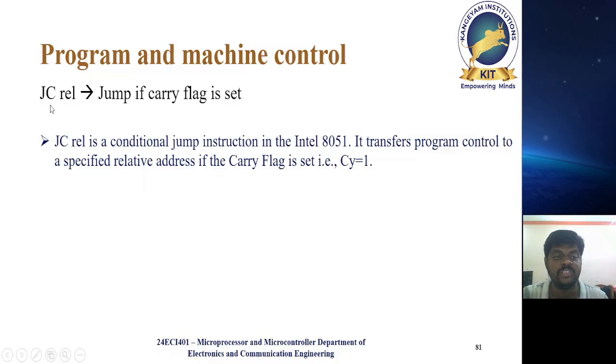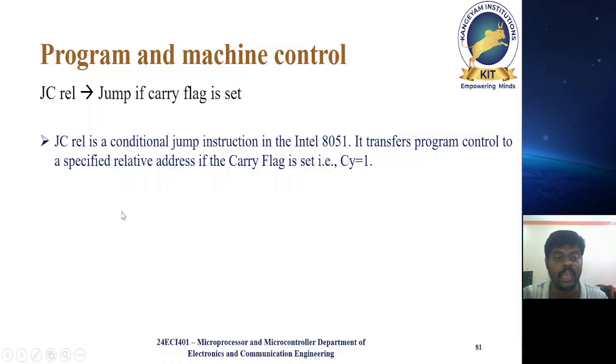Another instruction is JC, which means jump if the carry flag is set. We have a carry flag in our PSW, and this instruction will check the status of the carry flag. If the carry flag is 1, then this condition will be true, and the control will be transferred to the corresponding given address.